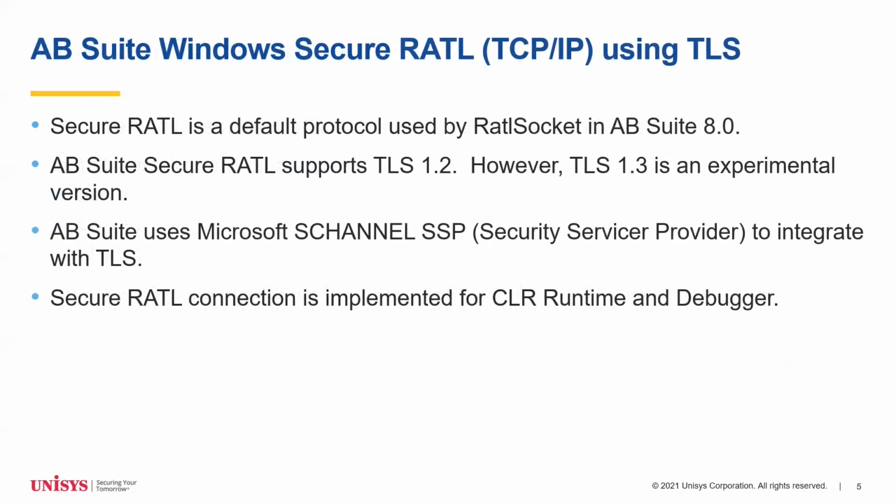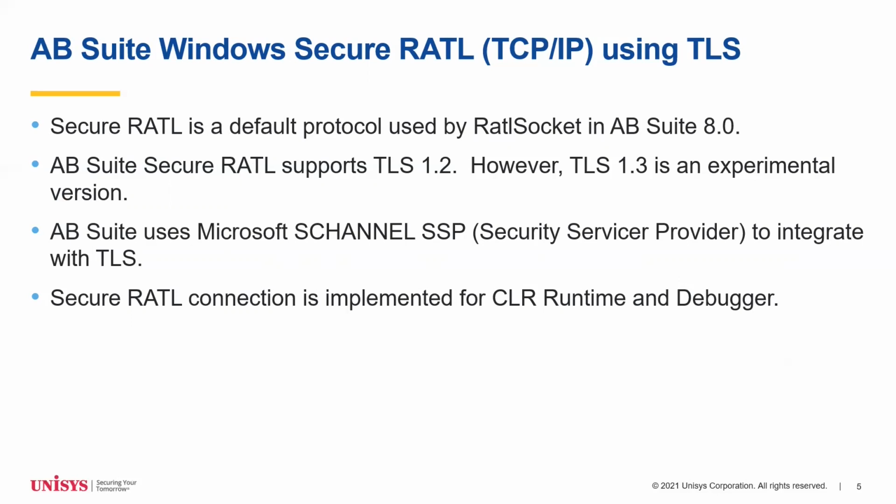As we all know, the client interacts with the Windows Runtime Server via the Rattle TCP/IP protocol and exchanges messages. Till now, this communication is not secure over the network. We are introducing AB Suite Secure Rattle to keep the connection secure and safe between the client and server. Secure Rattle is the default protocol used by Rattle socket in AB Suite 8.0.